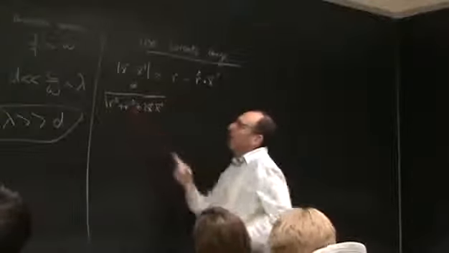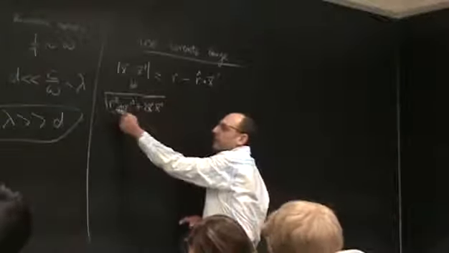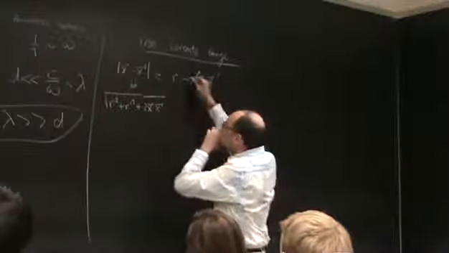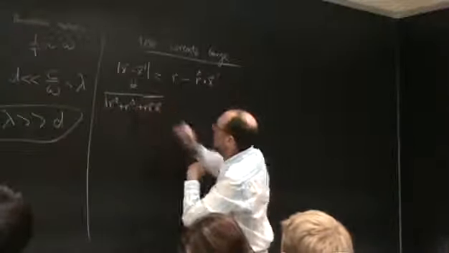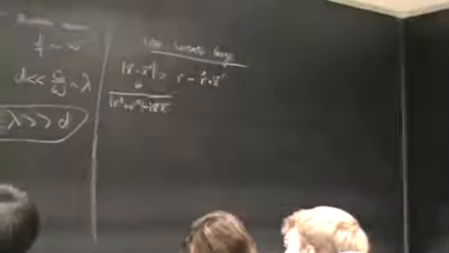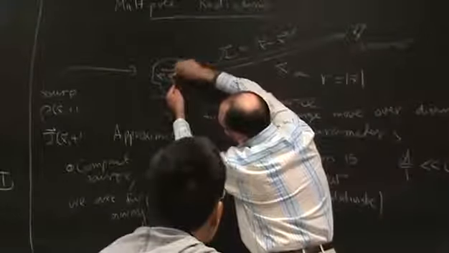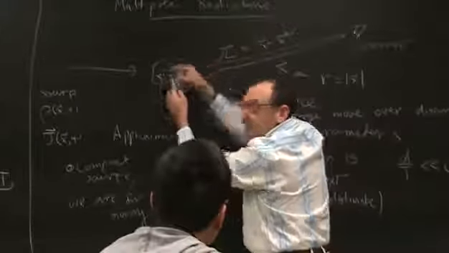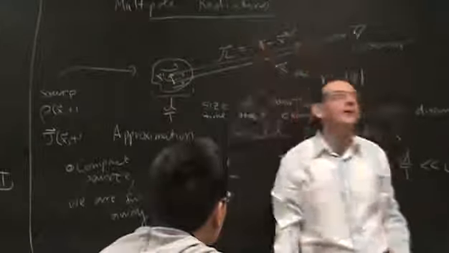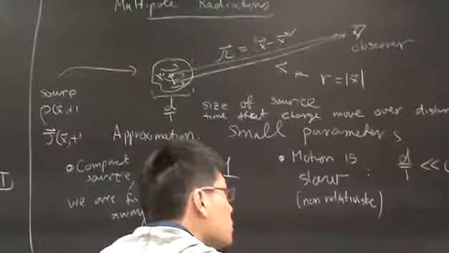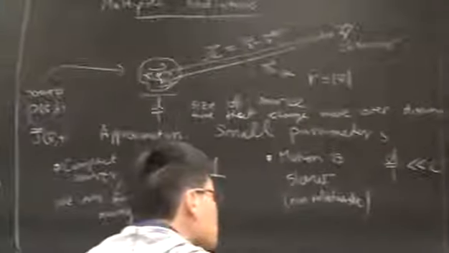And if all of the r's are very big compared to all the r primes, you can take this out and expand to first order. That's just saying that this distance is approximately this distance minus the amount by which this is projected onto here. Think about this like you did with double slit experiments and the two rays and how you subtract off the little extra piece.